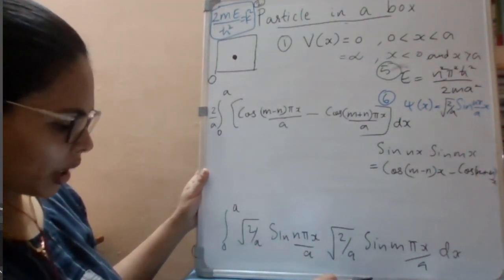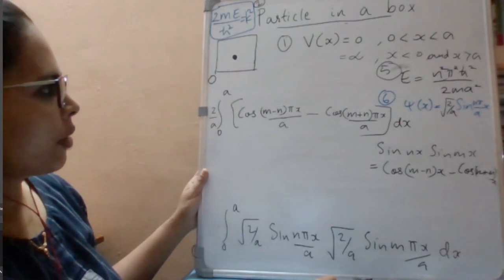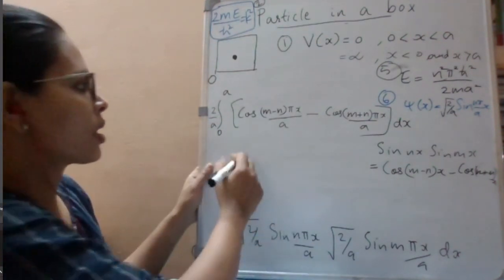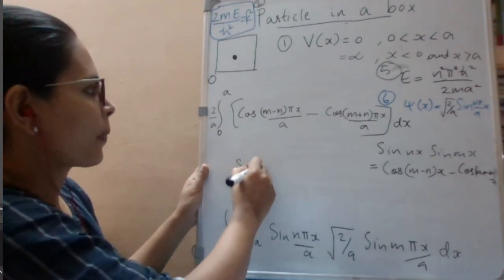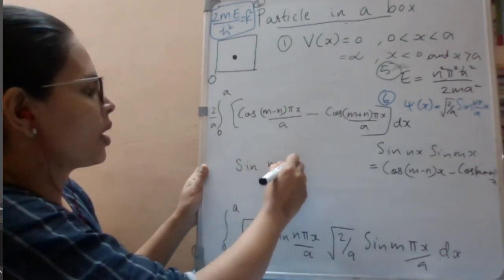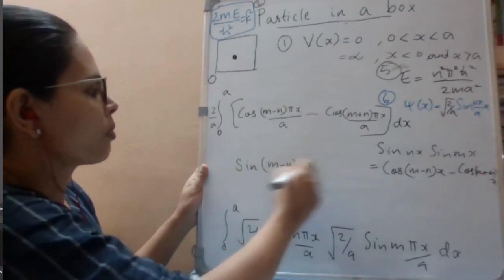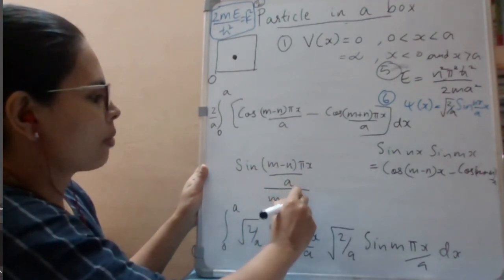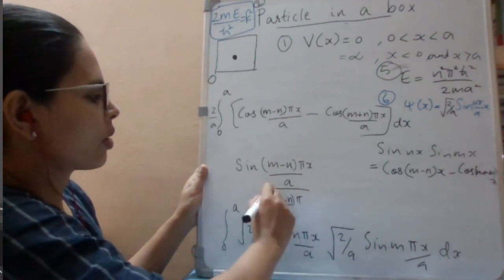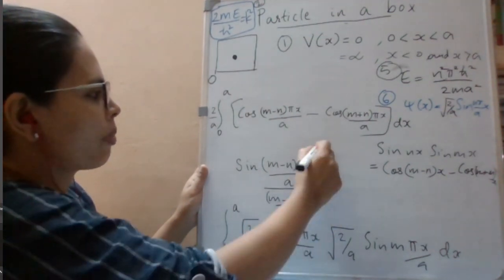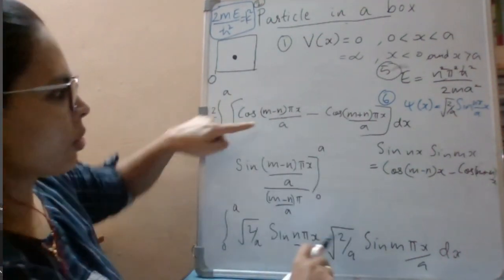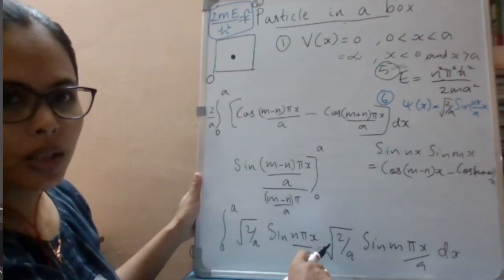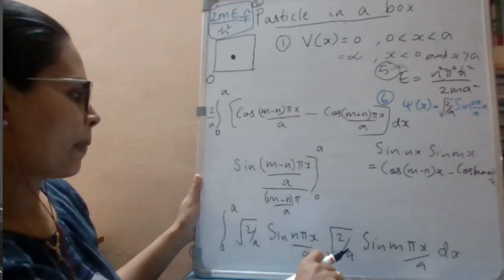Now if you integrate, you will find that cos becomes sine. Checking the first term, sine (m minus n)πx by a, divided by (m minus n)π by a, which is the constant, and apply the limit. I am doing only the first term to make you understand that this is also going to be 0.